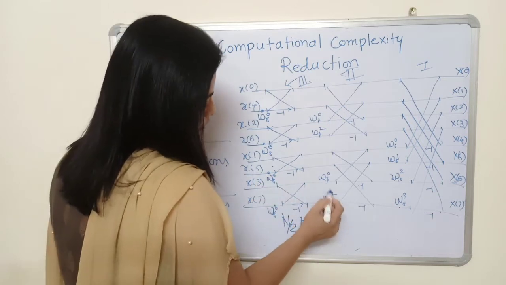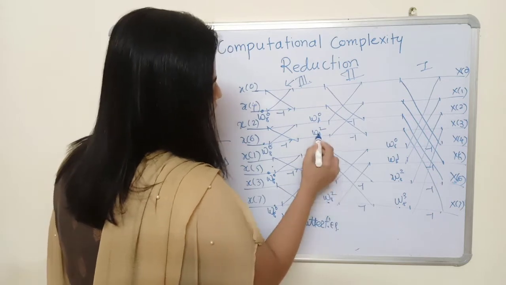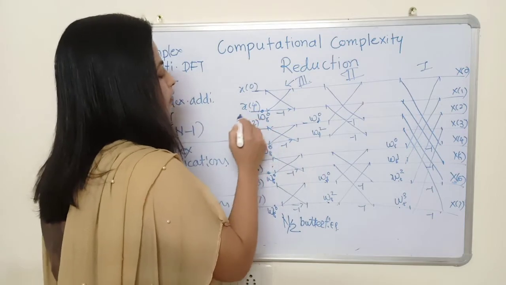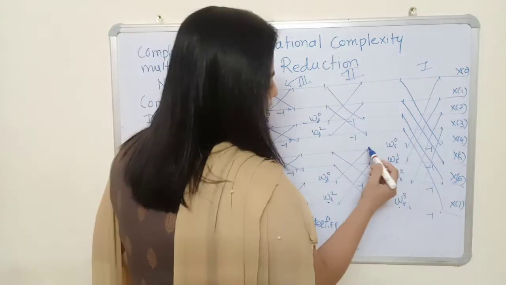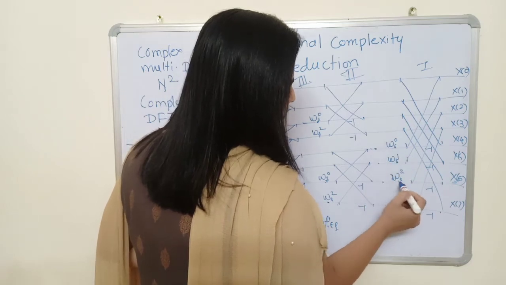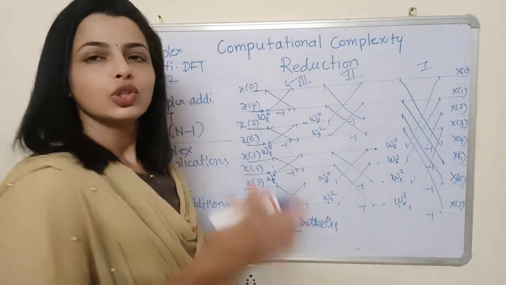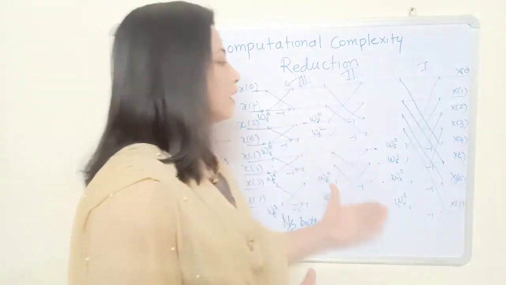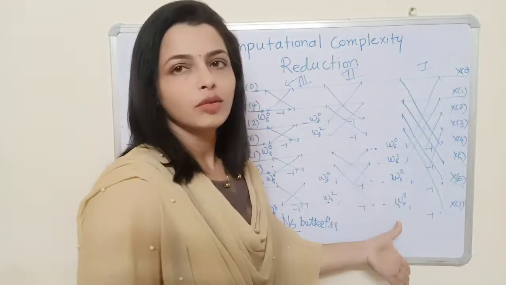And here also for each butterfly we have this twiddle factor multiplication with this number, and the input we are multiplying with this number. At this stage we are multiplying the twiddle factor with this number, this number, this number, and this number. So for each stage we have to perform complex multiplication half number of times.